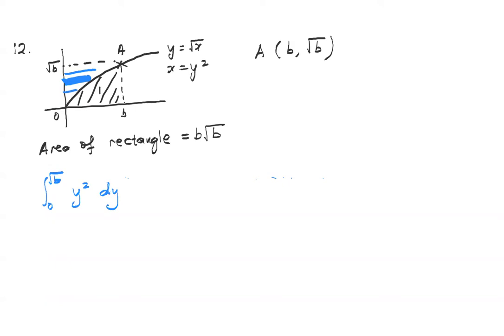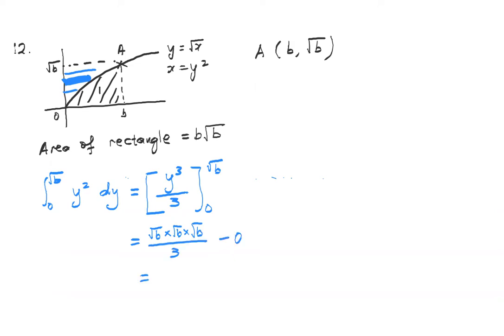When you integrate y squared, you get y cubed over 3 from 0 to root b. So this will be root b times root b times root b over 3 minus 0. So this will be b root b over 3. All right?